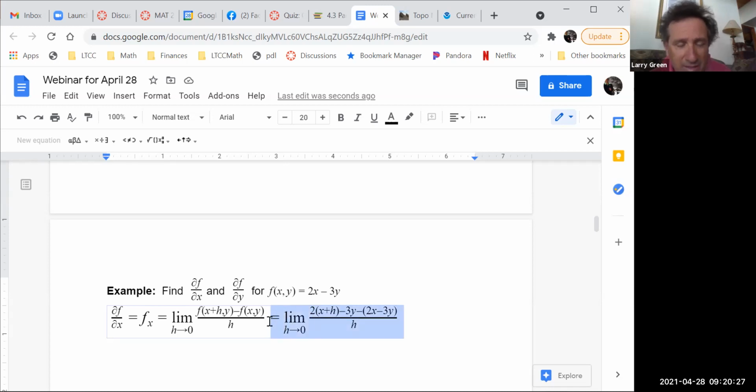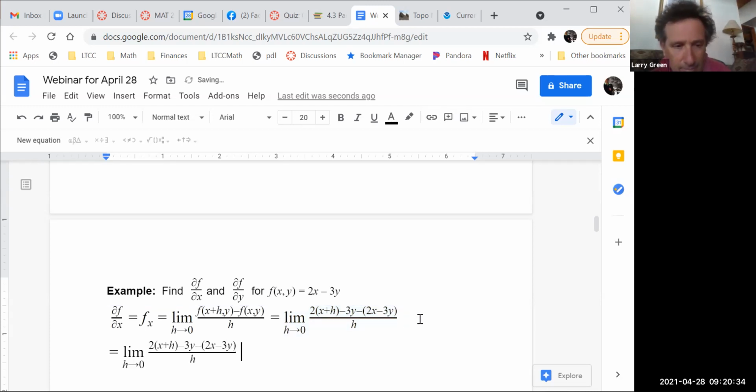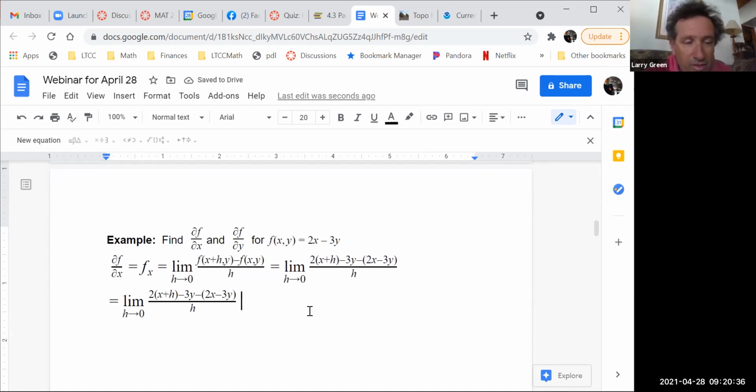Okay, now most of the rest is algebra. So let's do a little algebra. Well, 2 times x plus h is just 2x plus 2h minus 3y, and then you get a minus 2x plus 3y all over h.